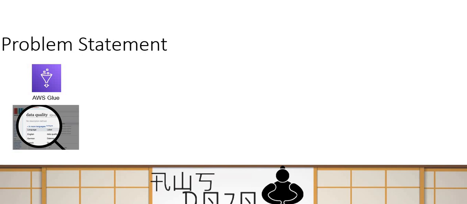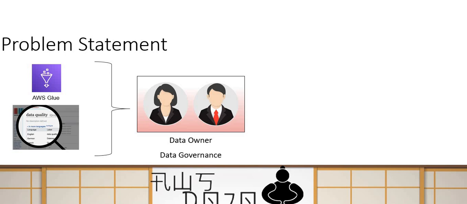Then who wants to use that information? In my discussions with the customers, I realized that the primary users of this information are actually your business users. It's not your data engineers, it's not a data analyst, but your business users. Probably two roles I came across: one is data owner, and second is data governance.